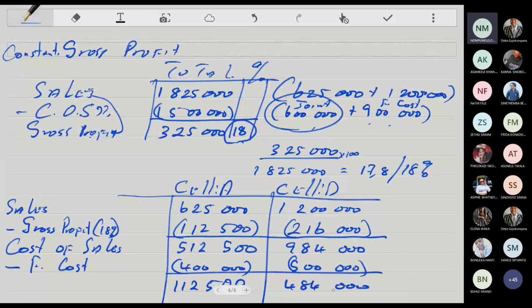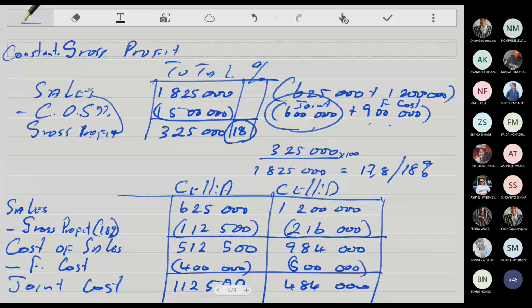Joint cost. 100% correct. This is how you allocate your joint cost if you are using the constant gross profit. You can test that: take the 112,500 and add 484,000.